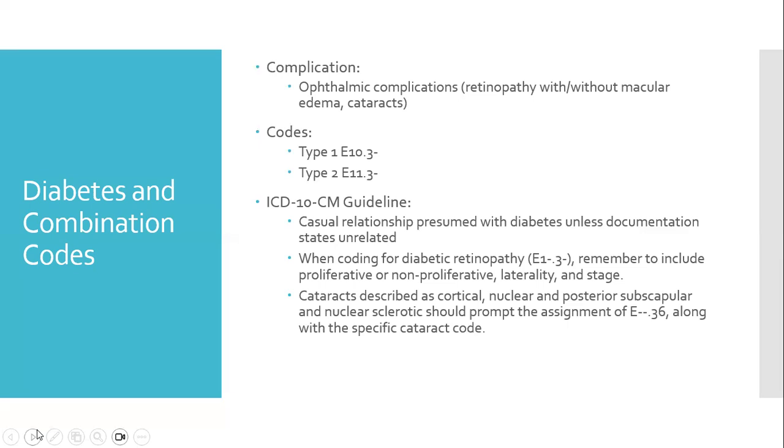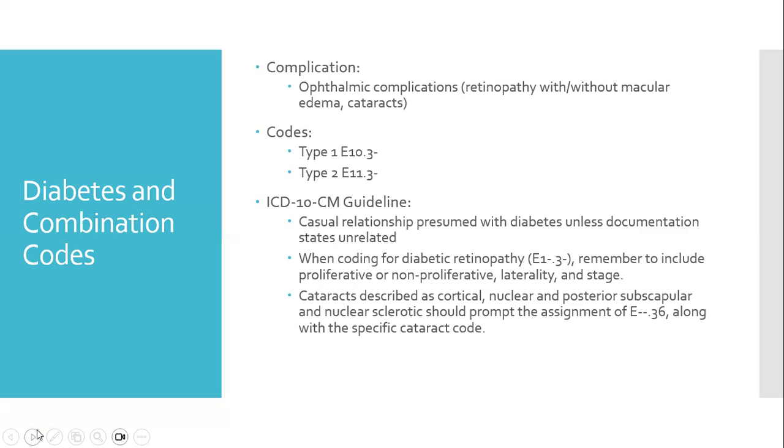So again, you have your causal relationship with the diabetes unless the doctor specifically says the condition is unrelated. So, for instance, when you're coding diabetic retinopathy, you have your E1 and then you have your 0 if it's type 1, your 1 if it's type 2, .3, and then it will tell you to include the proliferative or non-proliferative, laterality, and the stage.